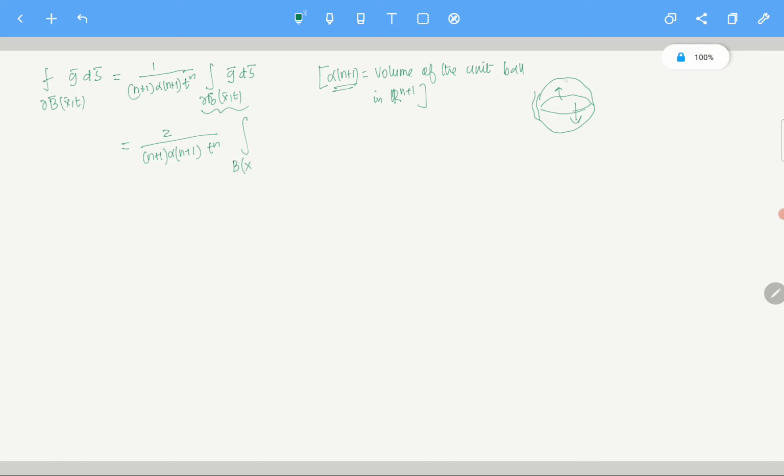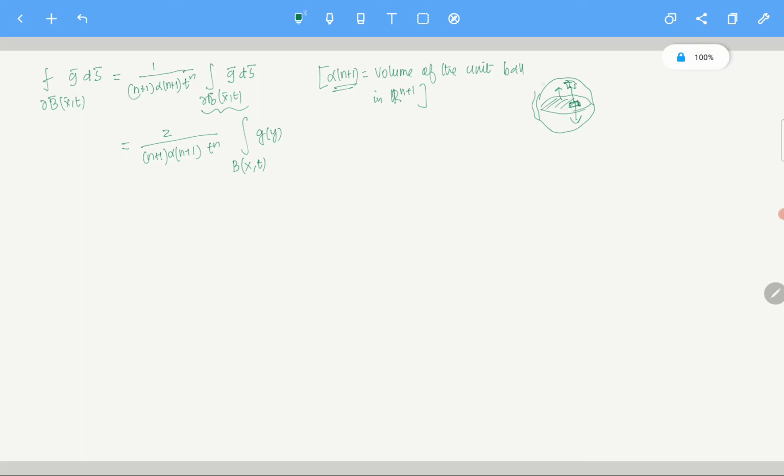We are coming from some certain surface element here, and I am projecting it to something over here, right? So what happens, if you remember, this can be written as g of y on the ball B(x,t) in the lower dimension, just in this dimension.